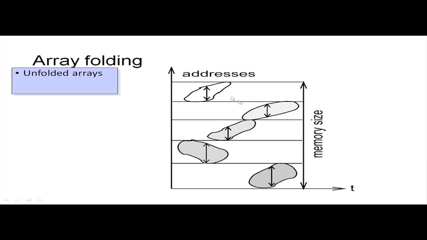I have got two arrays, I can put them in the same memory location when they are not being accessed at the same time. So, if I fold them, that will not be accessed at the same time. I can put them in the same place, because this range will be accessed now, and the same range of another array will be accessed at a later point of time. So, I can swap this.